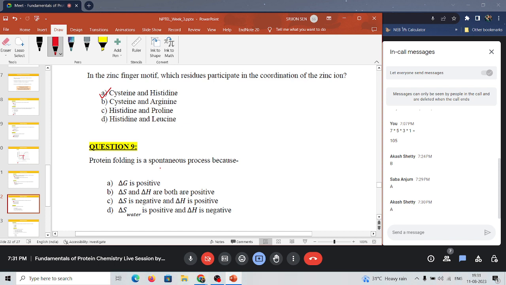So which of the following parameters is correct for the spontaneity of the protein folding process? So which parameter actually is important for determining the spontaneity of a reaction?